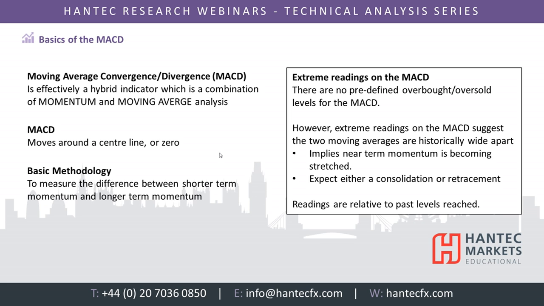So you can sort of begin to get a gauge of whether something is a little bit stretched perhaps in the near term, and perhaps a consolidation might be due. But again, it depends on what sort of market you're trading in, whether you're trading in a trending or a sideways market. But it does have still something that you can look at there.